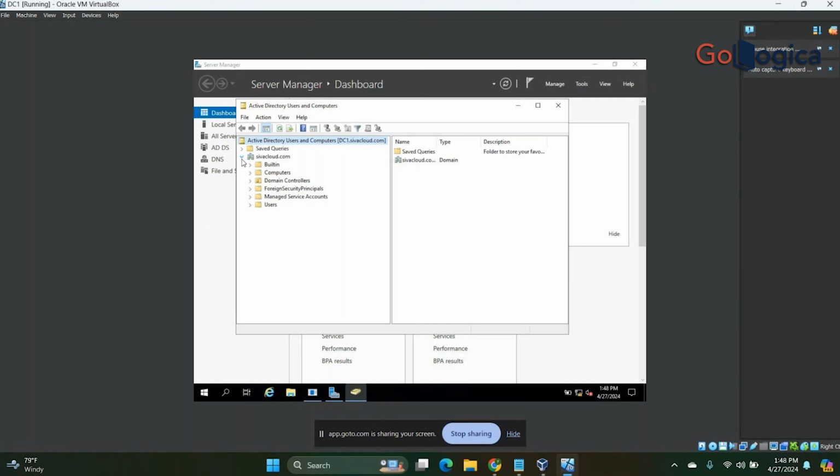But under the forest, we are supposed to create our own domain. First thing, the domain tree, or you can say the domain controller, or you can say the domain, we are supposed to create. Just right click over there on shivacloud.com. This one. Not here, not here, that side.